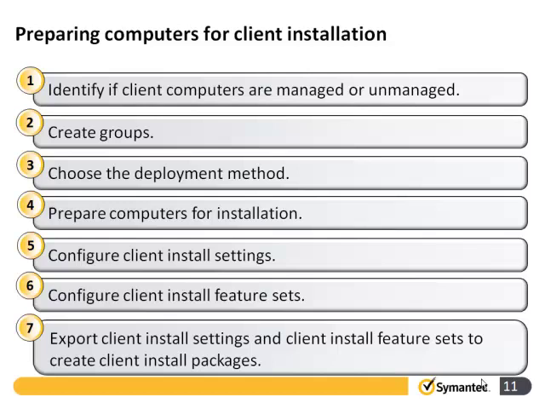If they're unmanaged, they're not reporting directly and frequently to the SEPM manager. We need to think about our group structure and maybe create those groups. We need to decide on our deployment method and prepare those computers for the installation. We then need to configure the client install settings and features, and then possibly export the client settings and features to create those install packages.